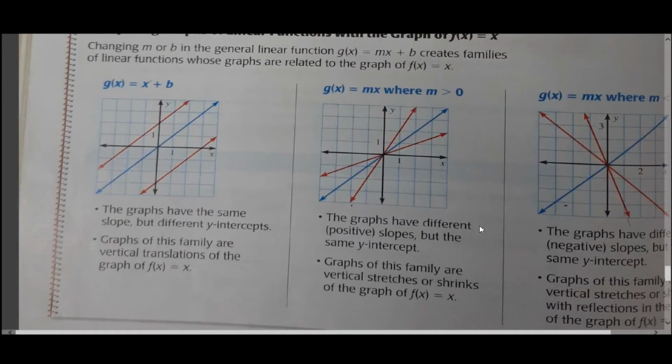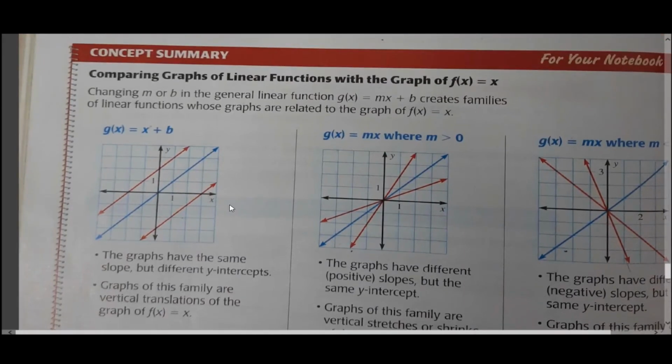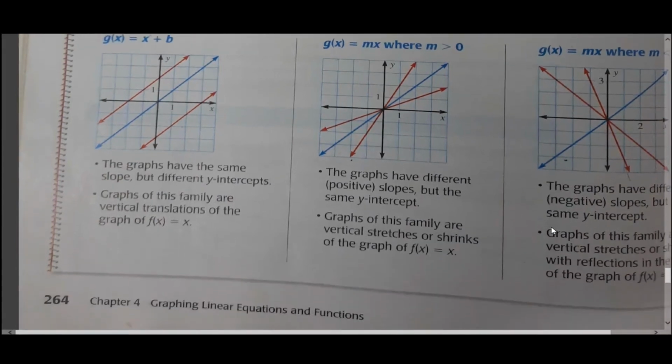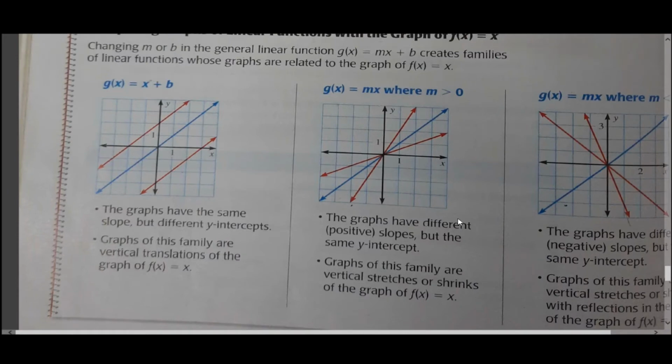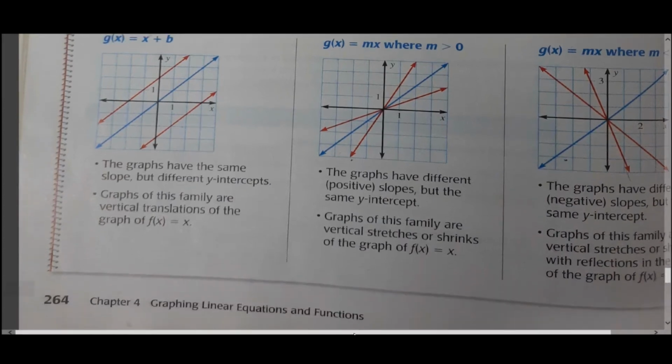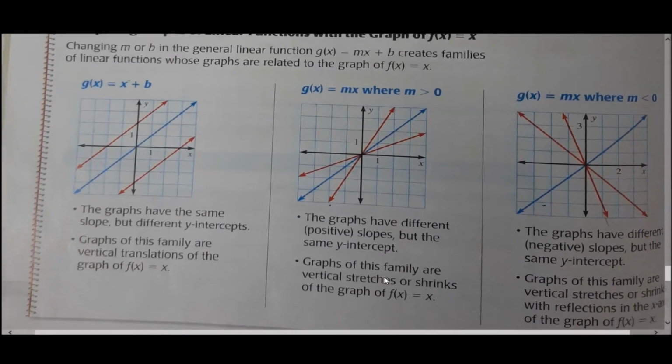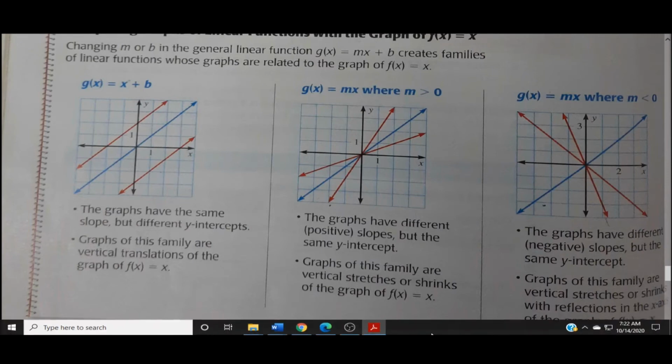Okay? So this is a vertical translation, is to add something, and to multiply something is a stretch or a shrink. Honestly, don't worry about it. I'll let you guys think about this. This is not crucial for today, but it is crucial for later.